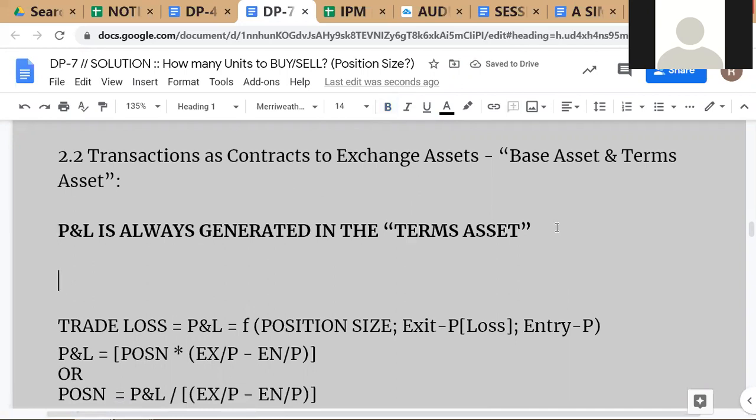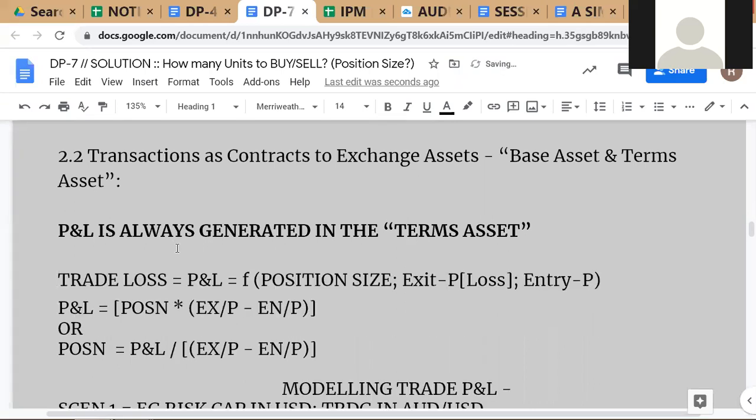If you trade sugar in India, say today you have traded 600 quintals of sugar, let's say you're a wholesale trader, all the money you have made is not counted in sugar, it is counted in rupees. So you're trading sugar against Indian rupees, and the rupee is the terms asset, sugar is the base asset.